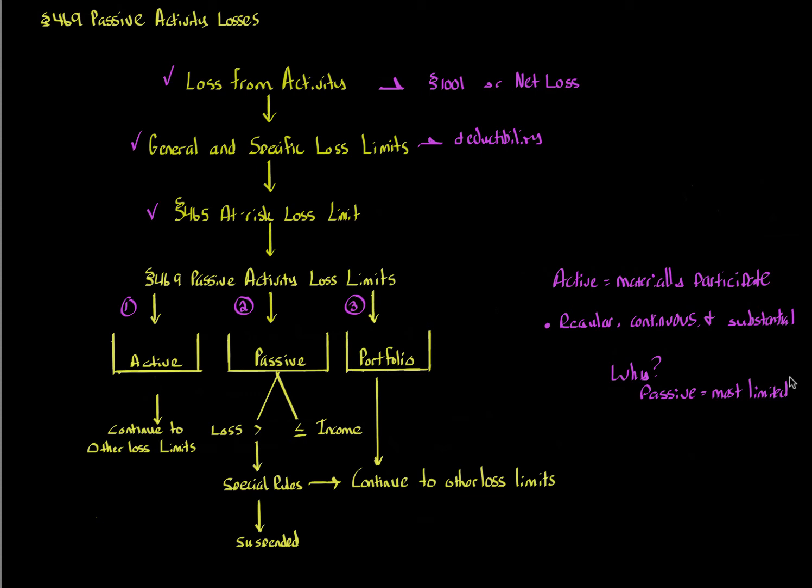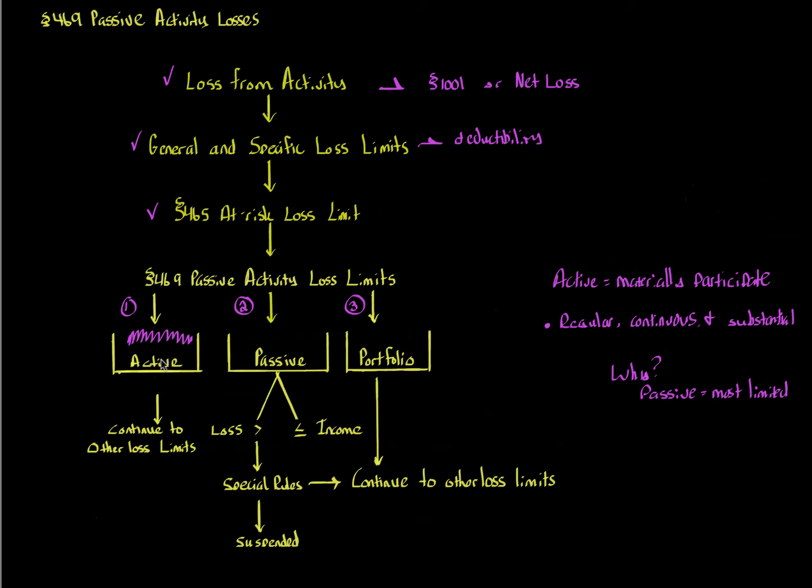So the general idea here is if you have active income, you can offset your active losses with your active income. So it's within the basket. We call this a basket. If you have income where you materially participate, that's considered active income. Let's say you have two businesses.